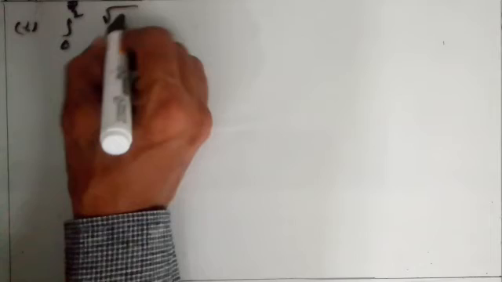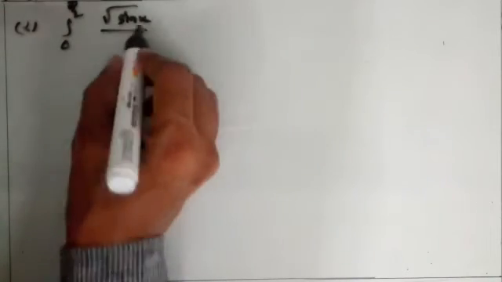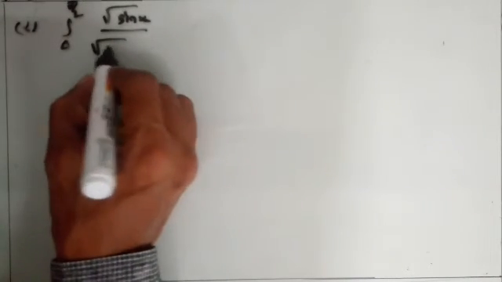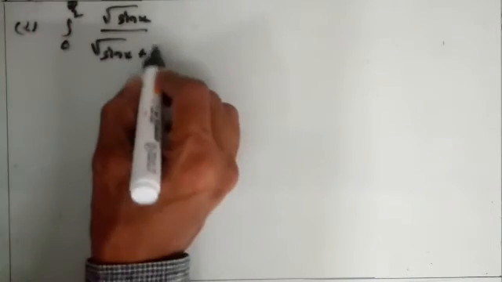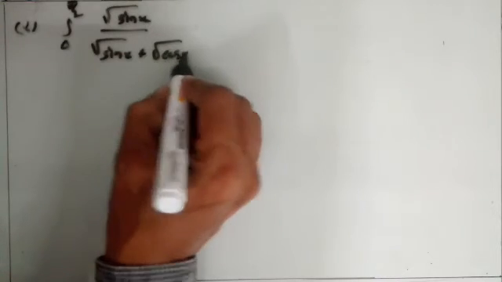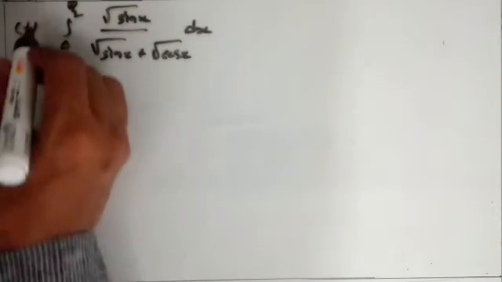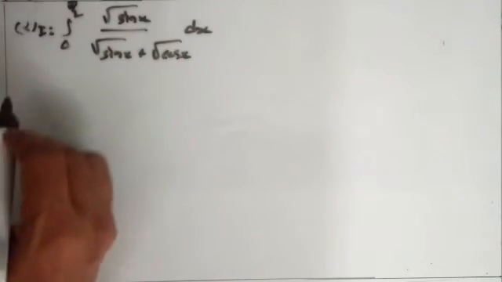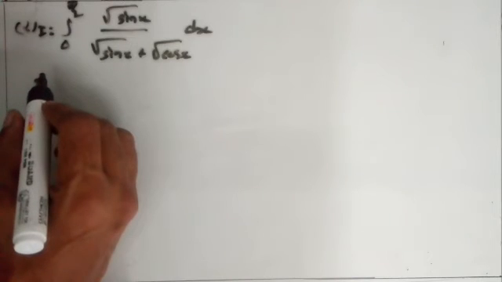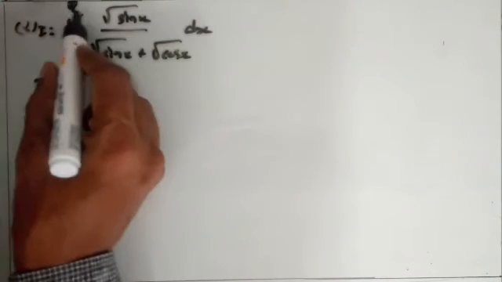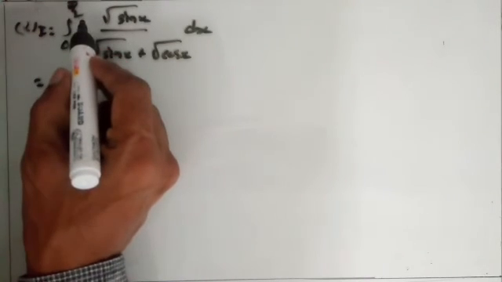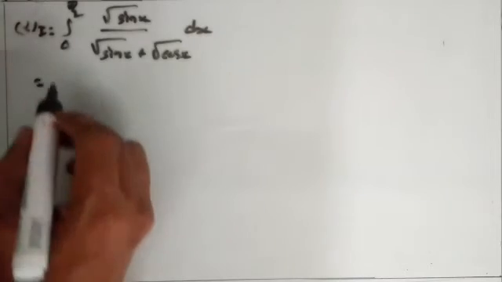Question number 2, find the integration 0 to pi by 2 of root of sin x upon root of sin x plus root of cos x dx. So this is integration I. Now apply our property: 0 to a f(x) is equal to 0 to a f(a minus x).